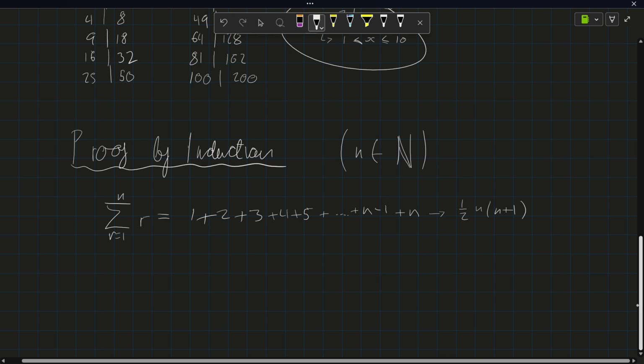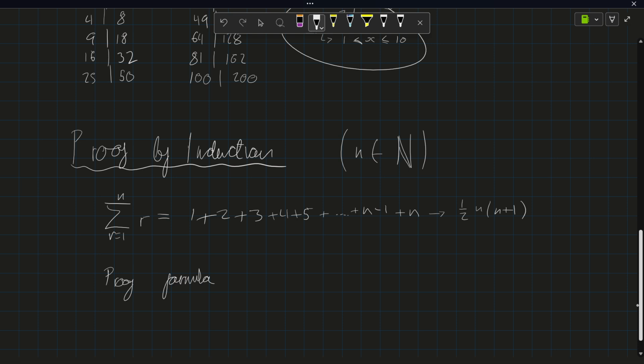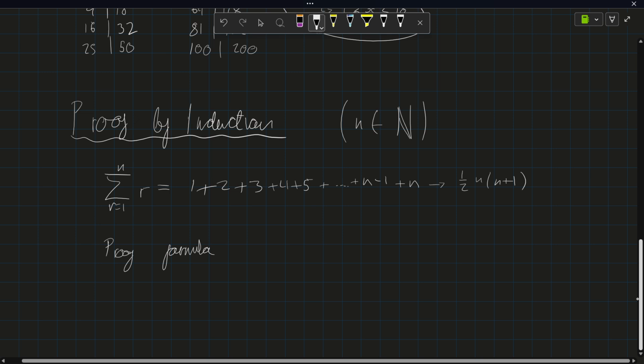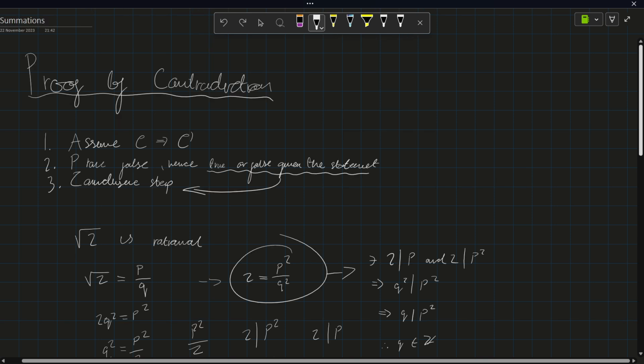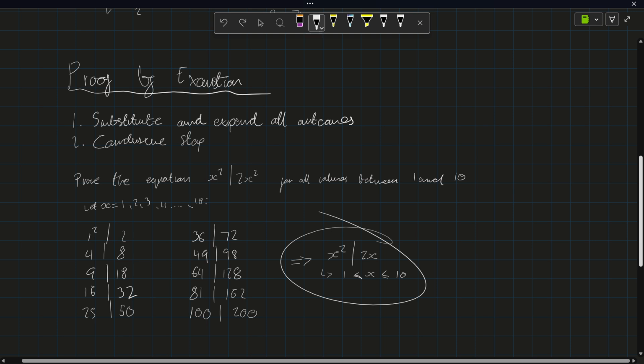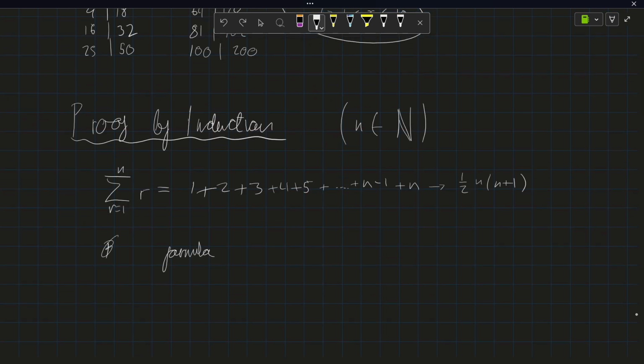And so we wanted to prove this formula. I drew a line somewhere. Don't worry about that.